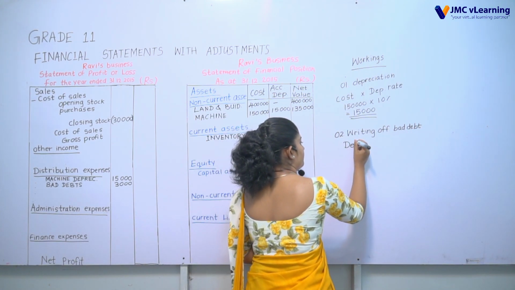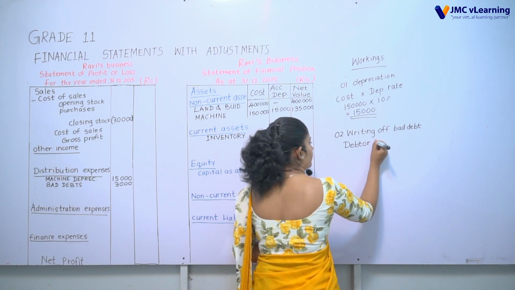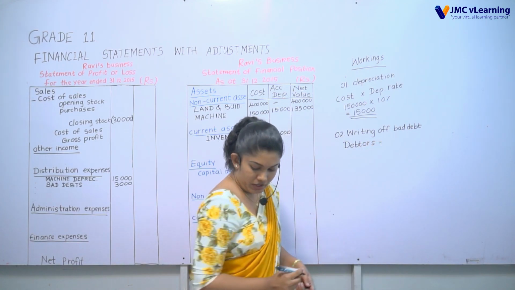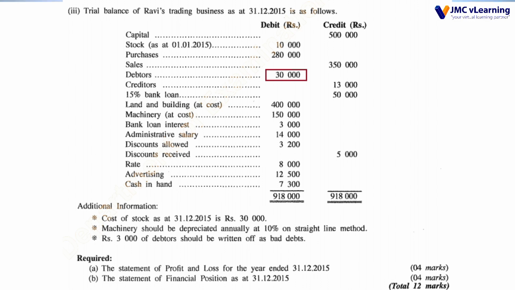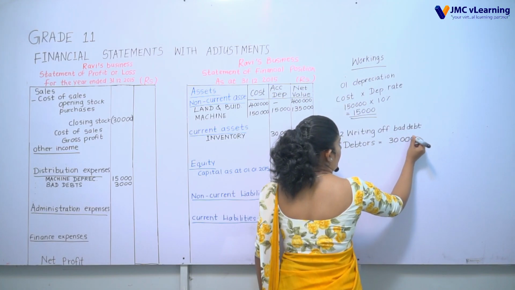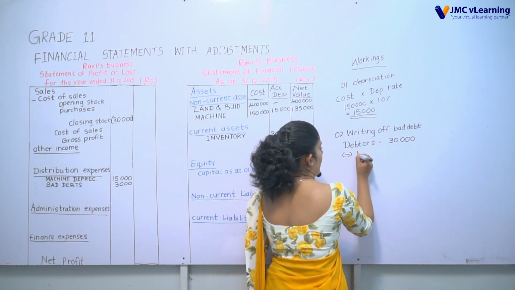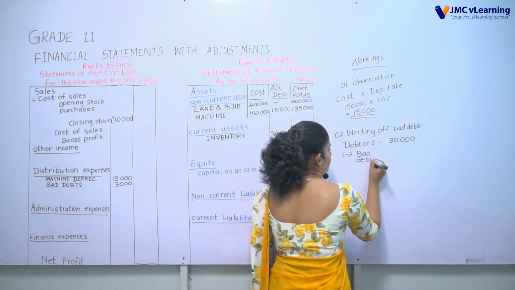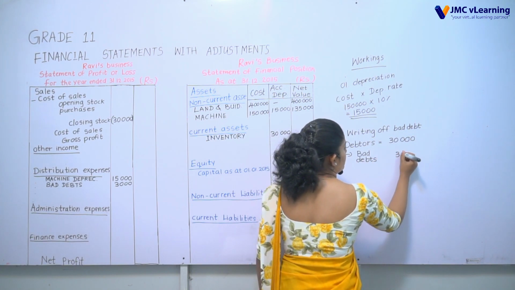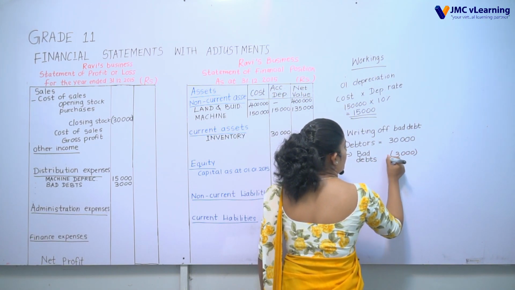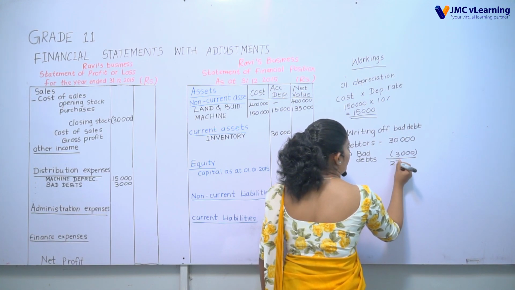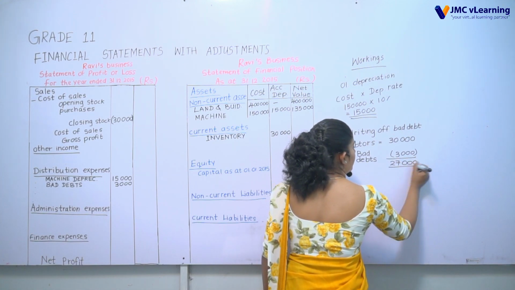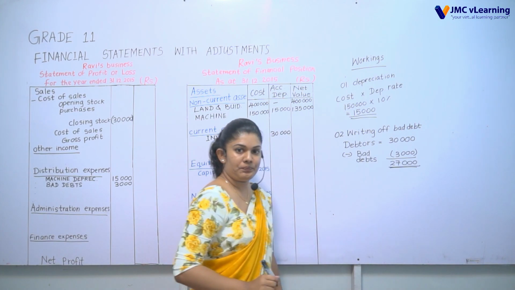Debtors, we have 30,000. We have to reduce bad debts of 3,000. The remainder is 27,000 of debtors.